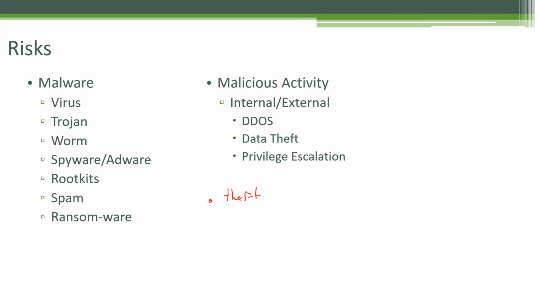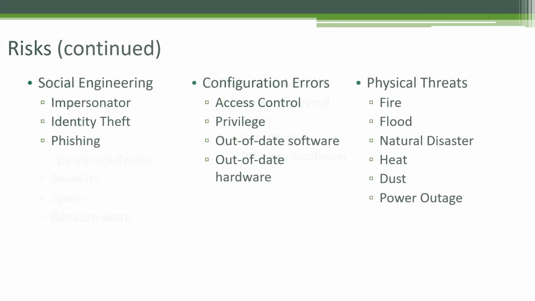Also consider non-technical risks, as I said. A little bit of fire and things like that, because that has to do with business continuity, like in your 352 class, I think it is. Then social engineering, impersonator, identity theft, phishing.